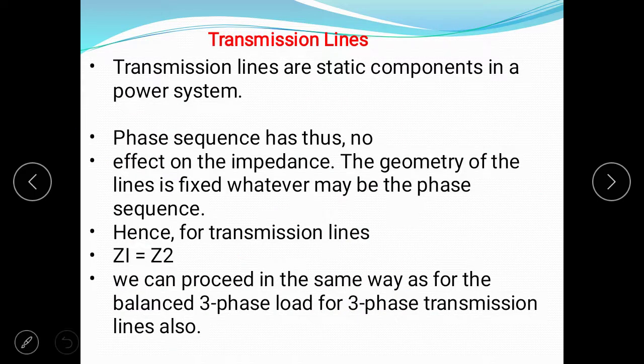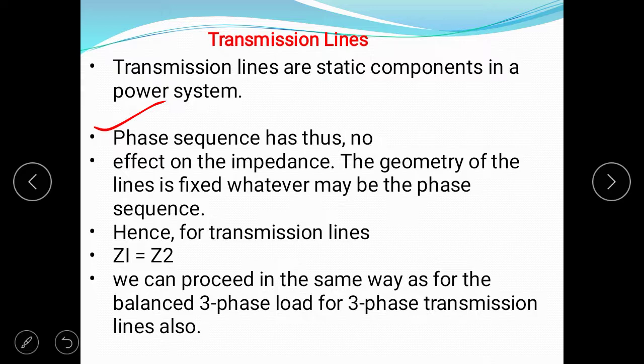So first we take the transmission line. We will find the sequence impedance for the transmission line and also draw a sequence network. Transmission lines are static components in a power system. Phase sequence has no effect on impedance, since the geometry of the line is fixed.